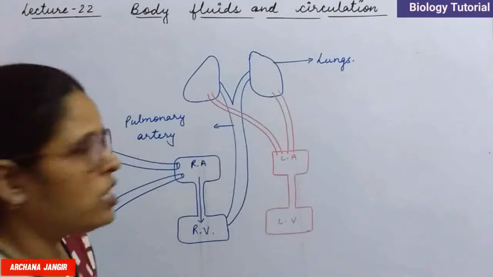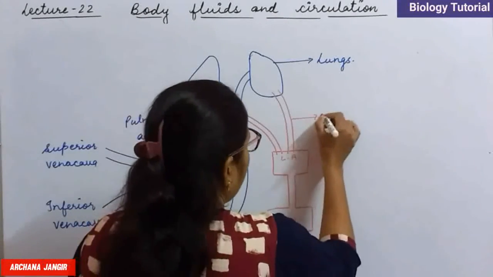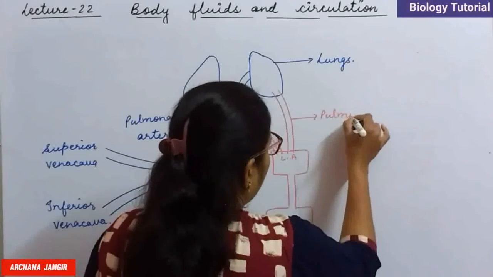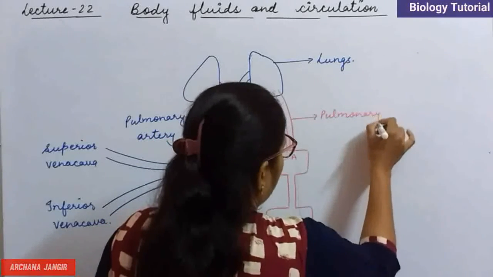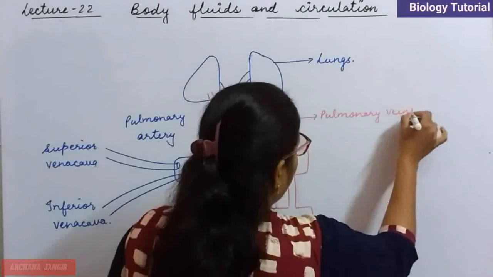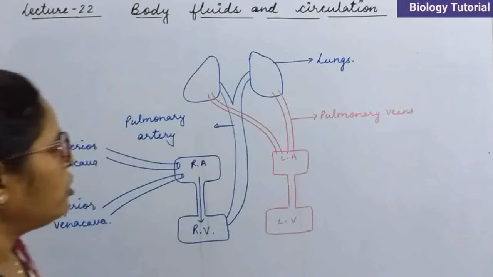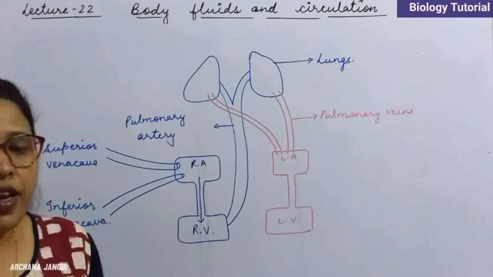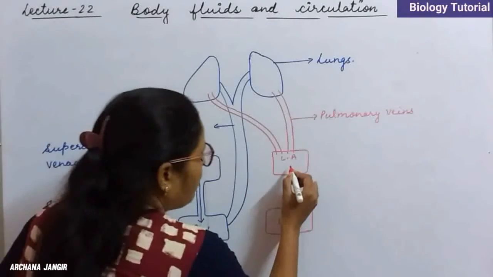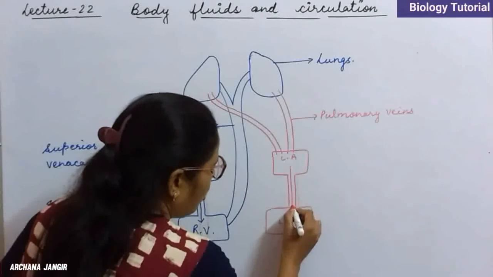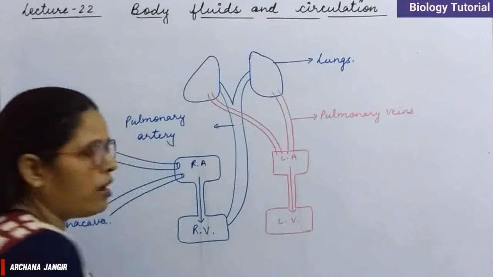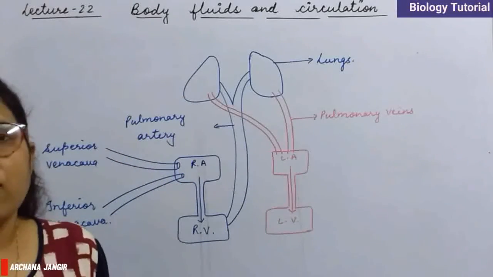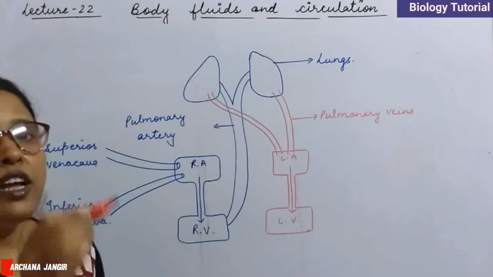So both of these are the pulmonary veins. Four pulmonary veins are there. I am drawing here only two. Clear?